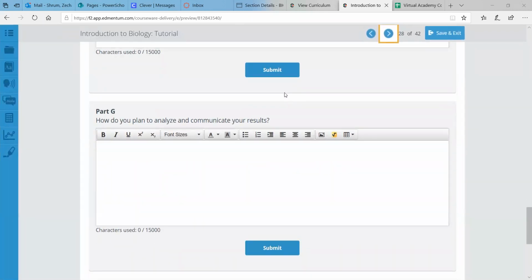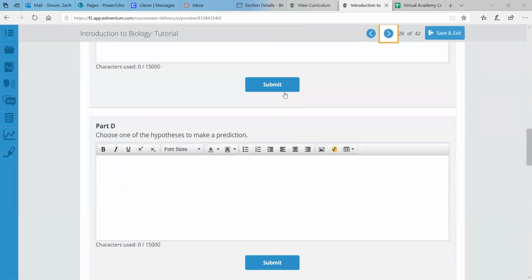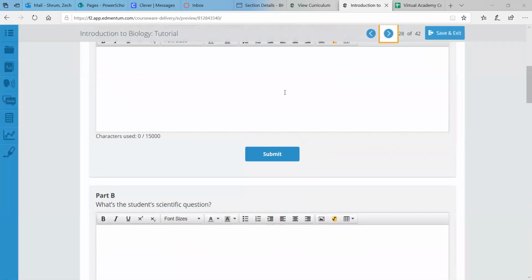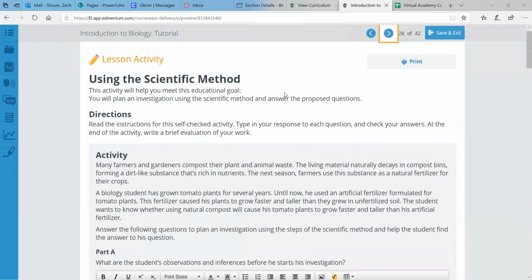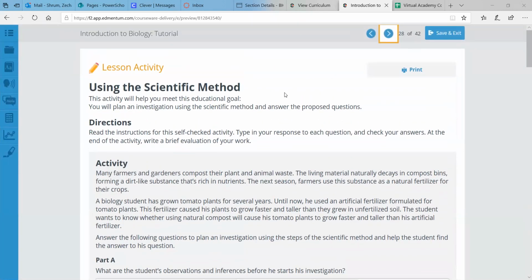And then analyzing and communicating your results. How are you going to do that? So this is like your own little experiment lesson activity. I'll let you do that. Don't think about it too hard. It's kind of like what we just went through with the coffee, but you get to design it on your own terms.